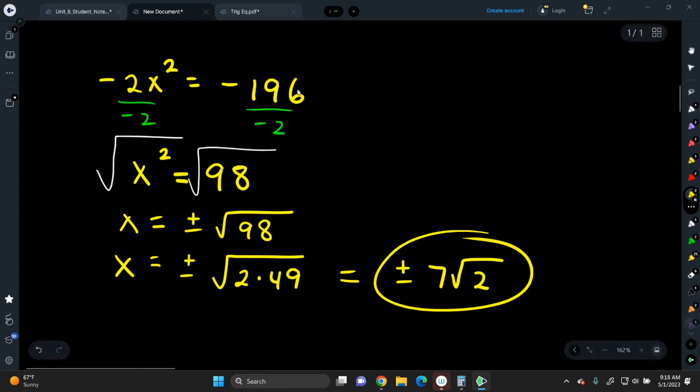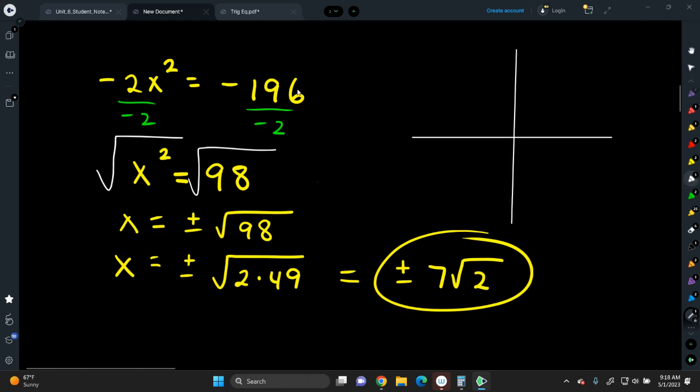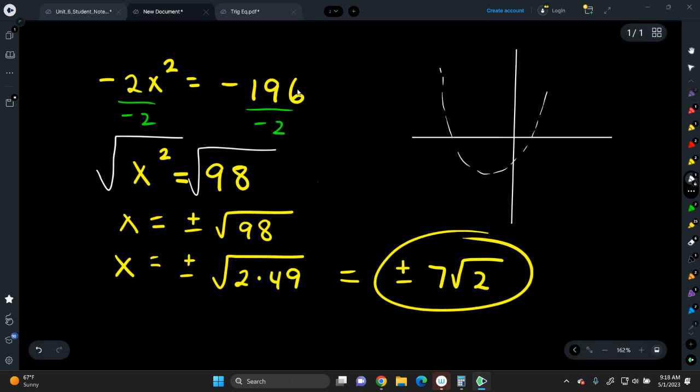So the one thing I'm not going to test you on, but just so that you know what we're doing when we're solving these quadratic equations, all the stuff that we did on that last test. A quadratic equation has a shape like that, right?